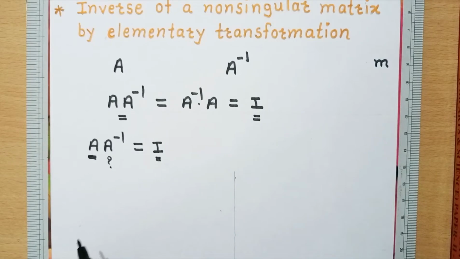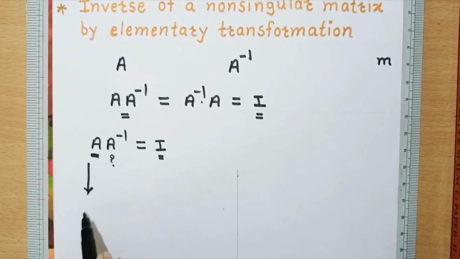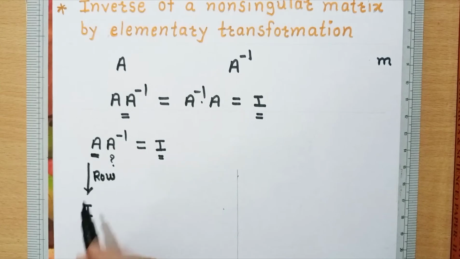Here we know the A matrix, and we know the identity matrix of the same order, and we want to find A inverse. So we will convert this A into the identity matrix by using some row transformations and keep this A inverse as it is, because it is enough to apply the row transformation to the prefactor only.